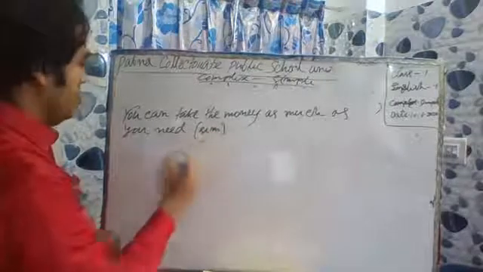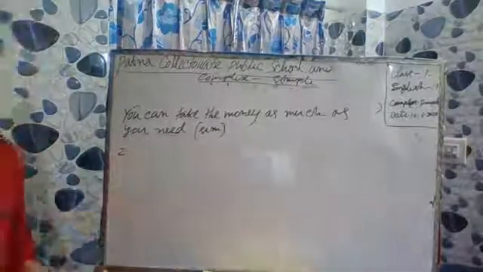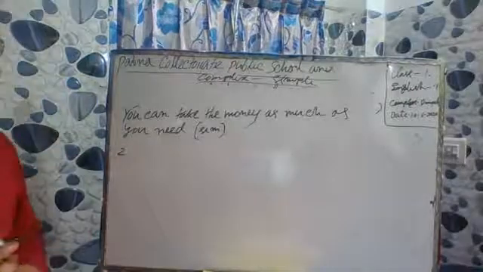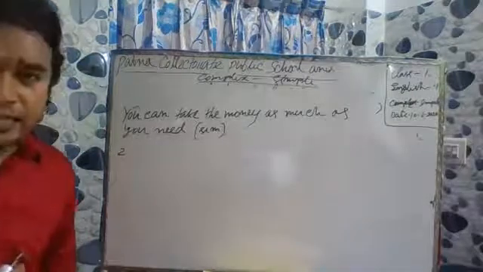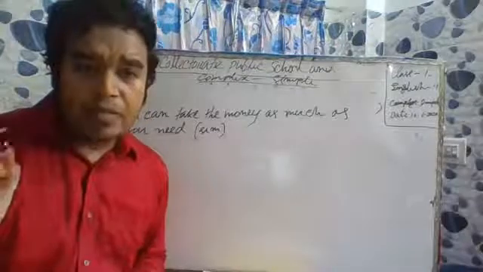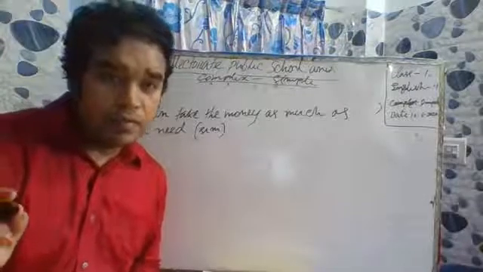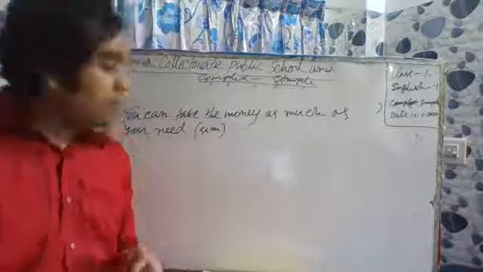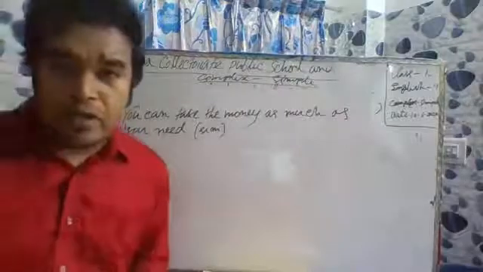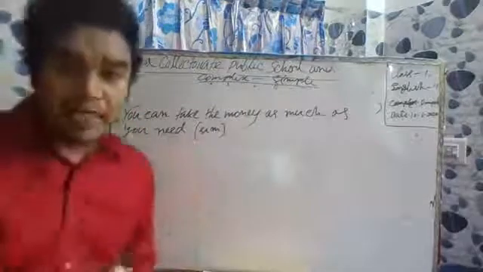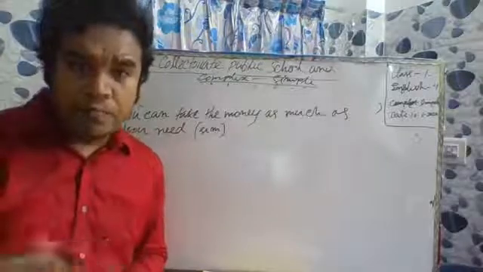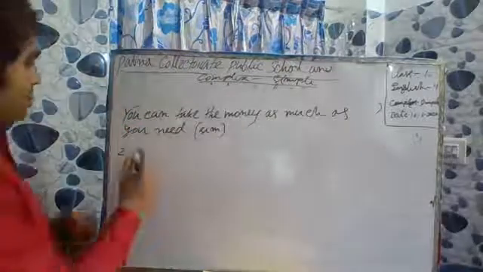Make it simple. What will be the rule? Okay, dear student. Here instead of as much as, you have to use according to, then put possessive form and the rest of the part.